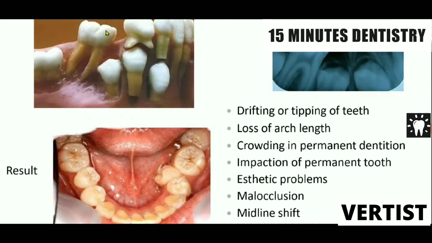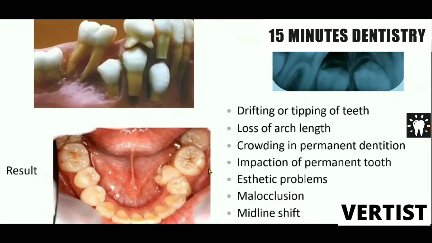Once the first permanent molars start drifting mesially, there is something called loss of arch length, which is the most important point if we have to maintain the permanent dentition in alignment. Loss of arch length is followed by crowding of the permanent dentition. Here in this picture we can see crowding and malpositioning of the teeth.